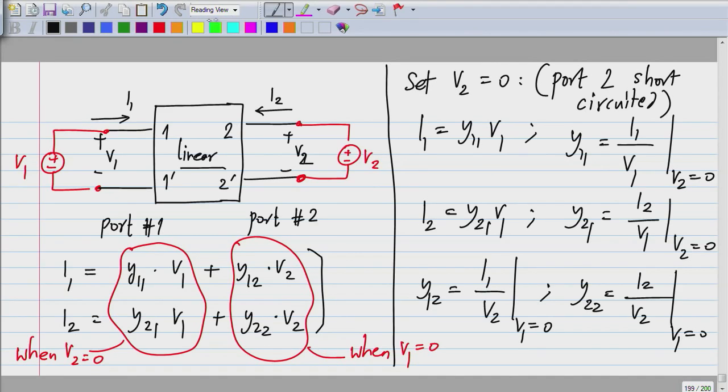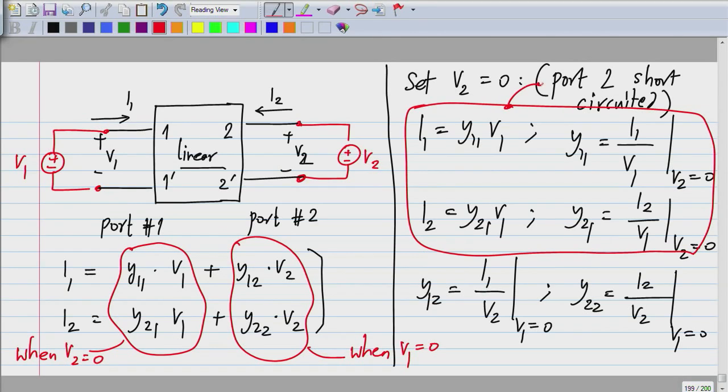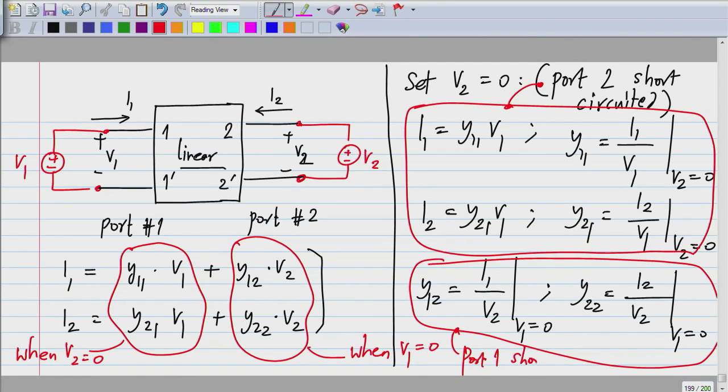So Y11 and Y21 are measured with port 2 short circuited, and Y12 and Y22 are measured with port 1 short circuited.